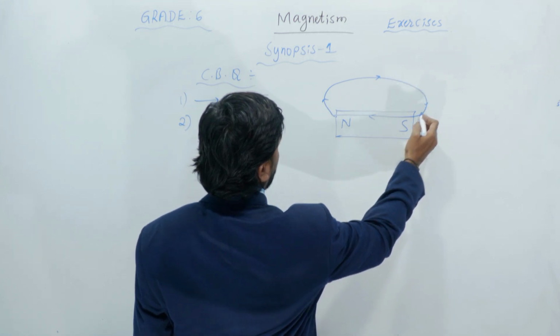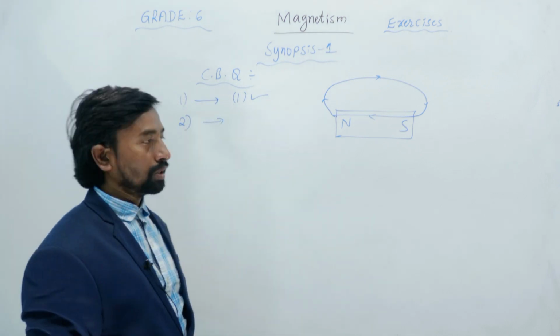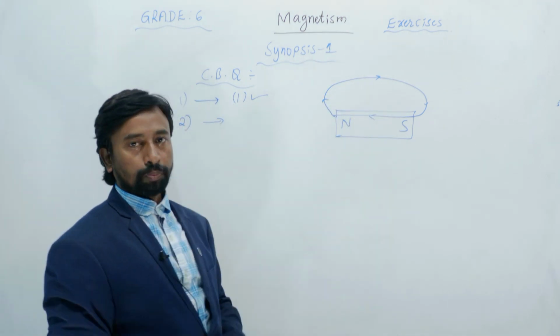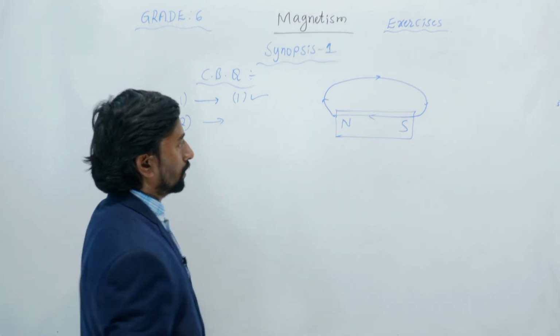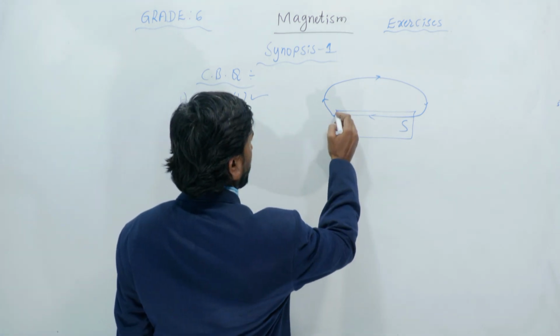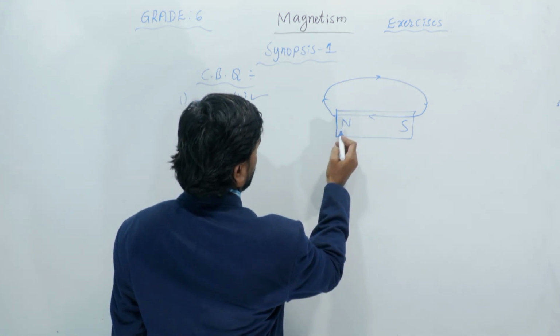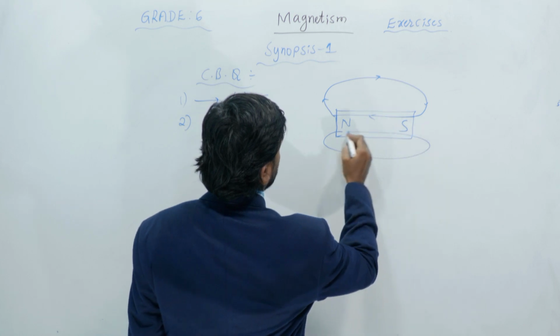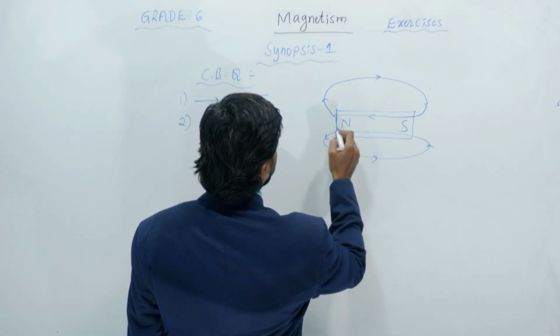The unit north pole will always keep on moving. Due to that motion of the unit north pole, it gives the force of attraction. That is the reason why the magnet has magnetic power, the attraction power. Here also the unit north pole will travel like this, in this direction, and here it is like this.